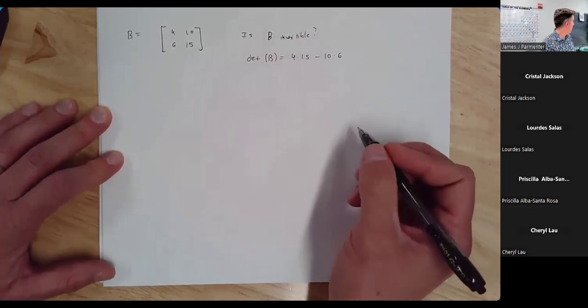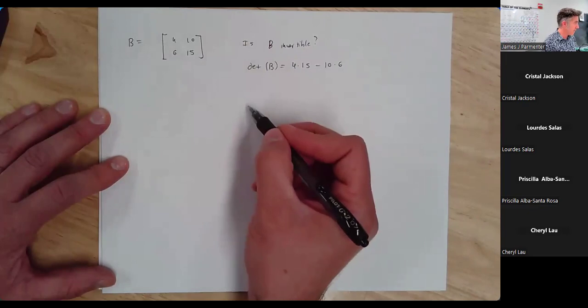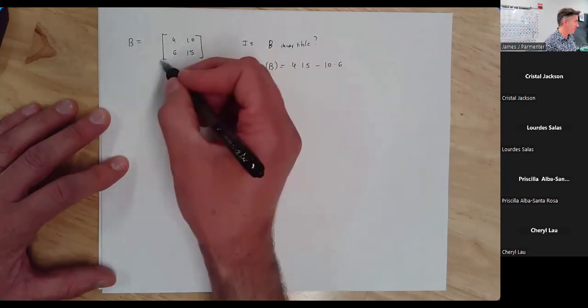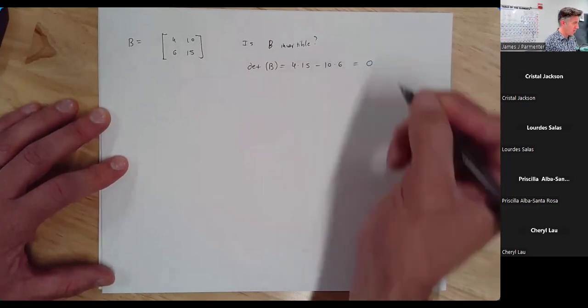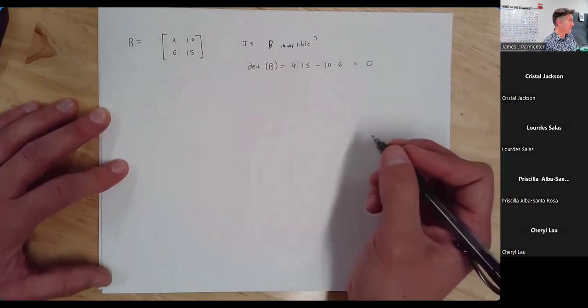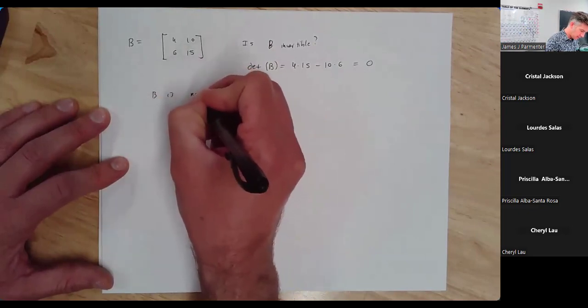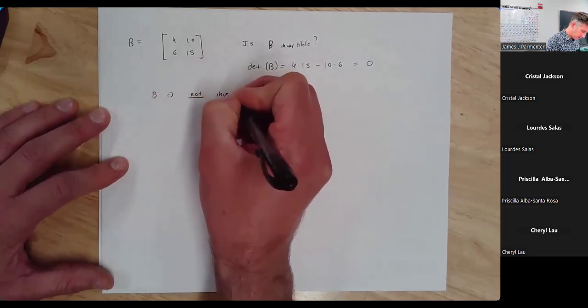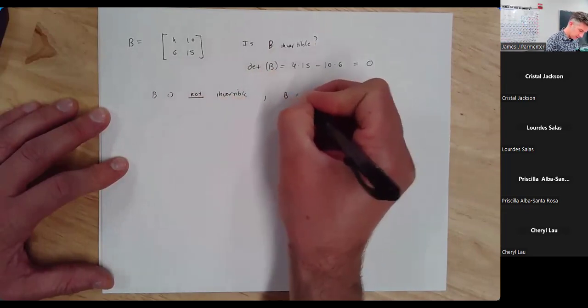And just to say it again, when I'm doing the determinant, I'm really just thinking multiplying that diagonal minus that off diagonal multiplication. So it's going to be 60 minus 60, which is 0. So that means B is not invertible. Or alternatively, we could say B is singular.